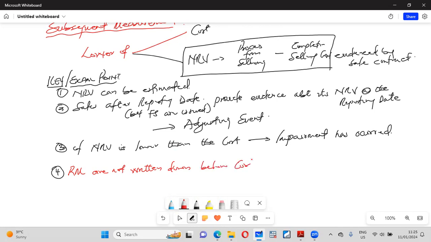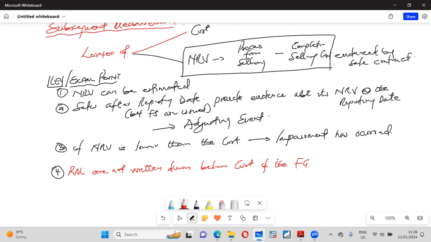If the finished goods, FG, that they have will form part of the goods that will be sold at a profit, you can't write the raw materials down.